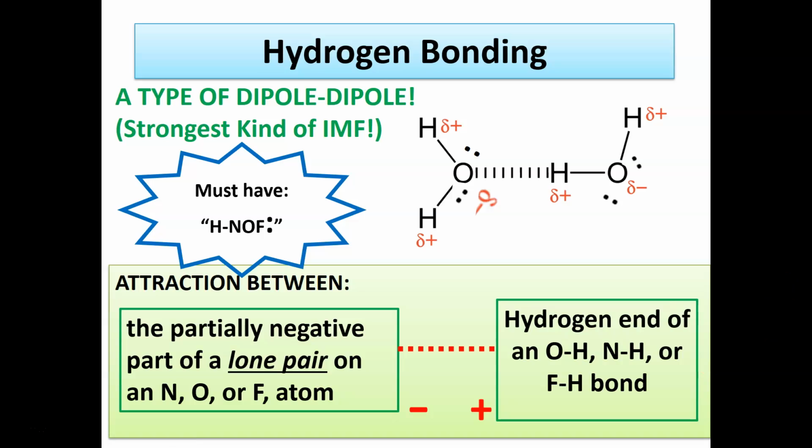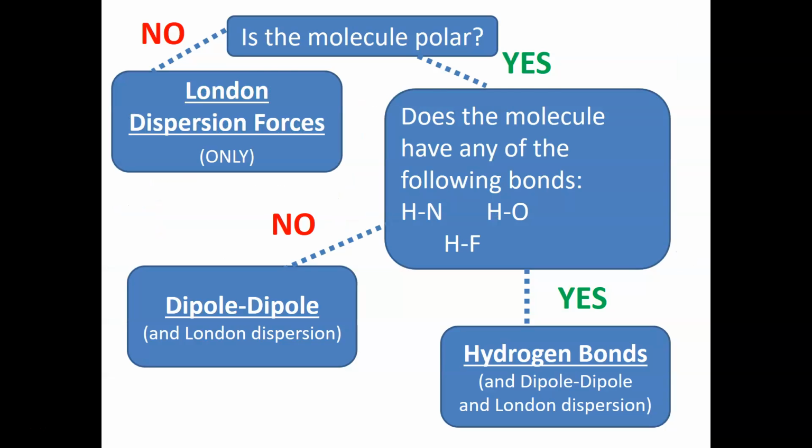So you should have a little flow chart in your notes. Some people find the little flow chart helpful. It forces you to take it one step at a time and think about the molecules and walk yourself through the decision-making process when you're trying to identify what type of IMF you have. The first question you should always ask yourself is, is the molecule polar?